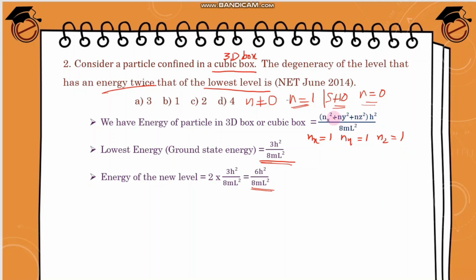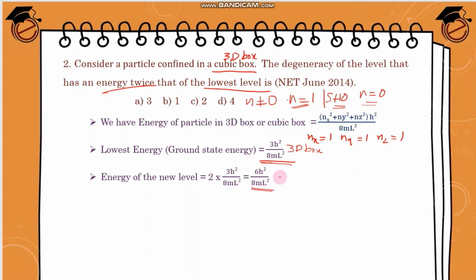So the sum of squares of these will be 3. So the minimum energy, or the ground state energy, for a 3D box is 3h square by 8ml square. And in the question it is given that for the new level the energy is twice that of the ground state energy, that is 6h square by 8ml square.